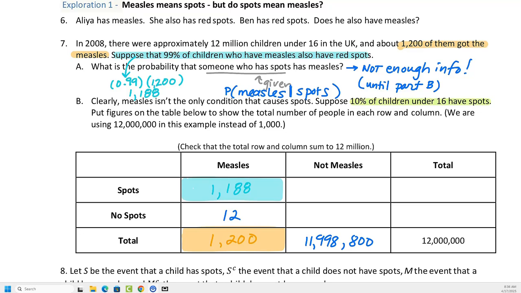10%, again, they're using a decimal, so we have to come up with, this is of the total, that's of the 12 million. Isn't that 1,200,000 then?